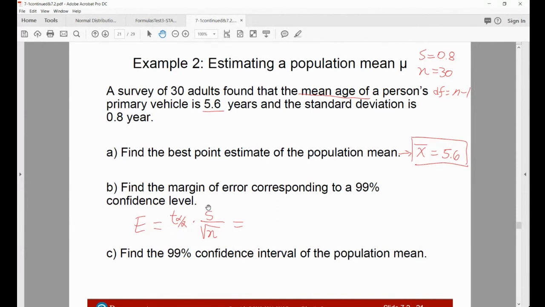So we have to find the correct value for T. So to find T, we use the confidence level, 99%, and the degrees of freedom, n minus 1. So n is 30. 30 minus 1 is 29. So we need to use table F to find the value of T corresponding to a 99% confidence level and 29 degrees of freedom.